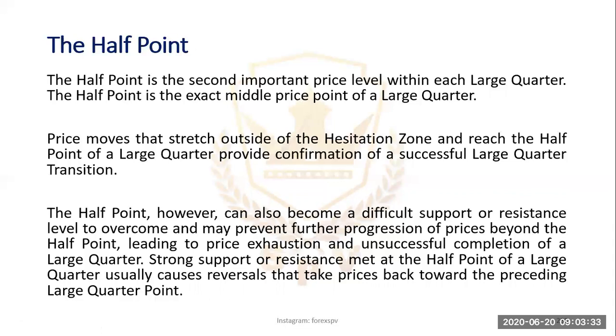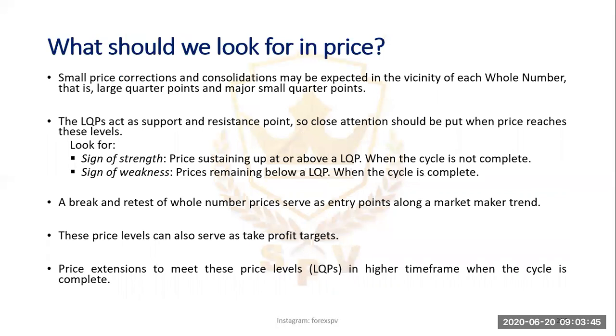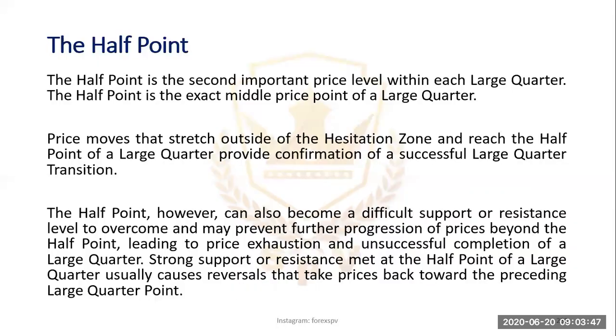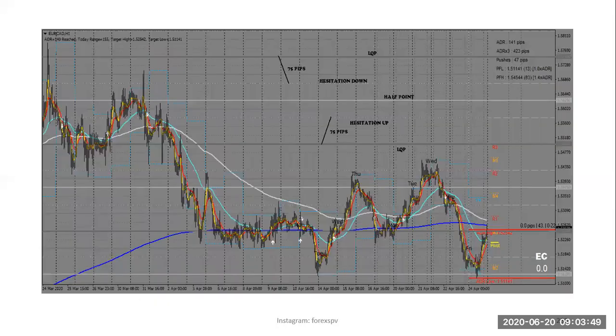And you can see that price may not overcome it, and that will be unsuccessful completion of the large quarter point, and you'll see a reversal from there. Now we have learned of the overshoot, the undershoot, the hesitation, and the half point.